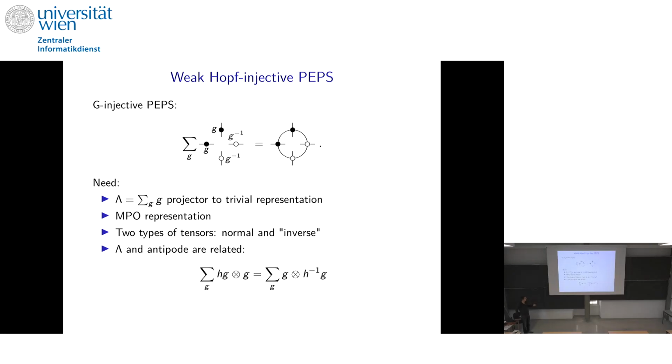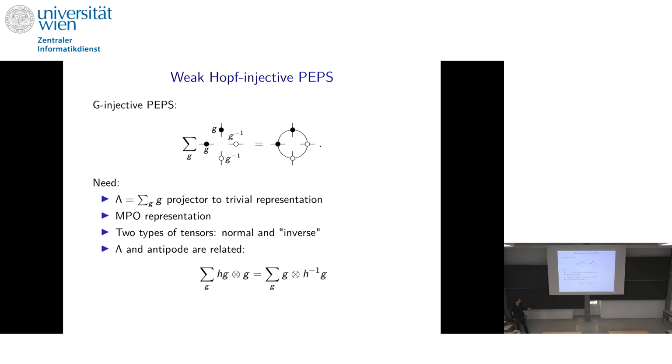I also need two types of tensor, as you see here. I have the normal tensor, and I will need an inverse tensor. Like here, with G minus 1, I have to act with the inverse. Finally, a very important property, the one that gives rise to this pulling through property, is that this element lambda and the antipode, well, the inverse, are related. Take G tensor G, and multiply H with the first element.